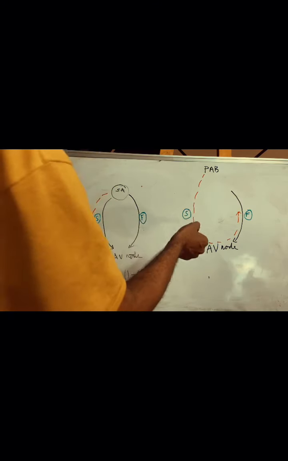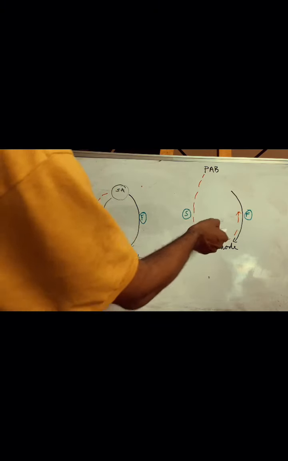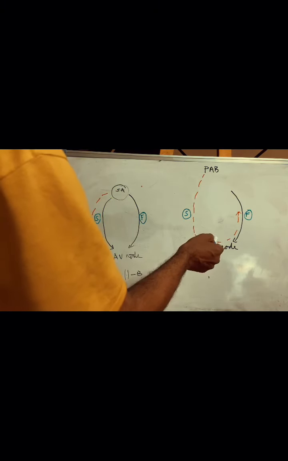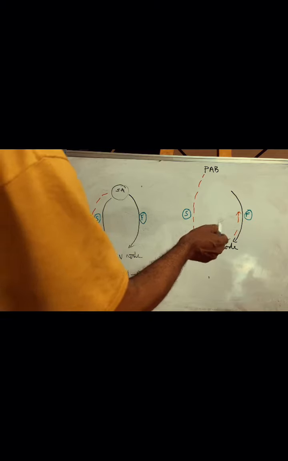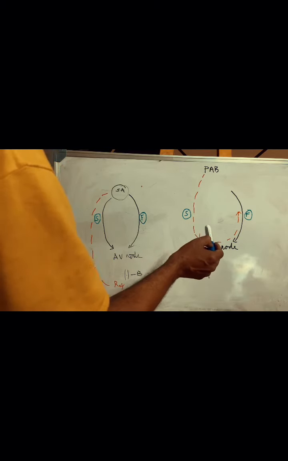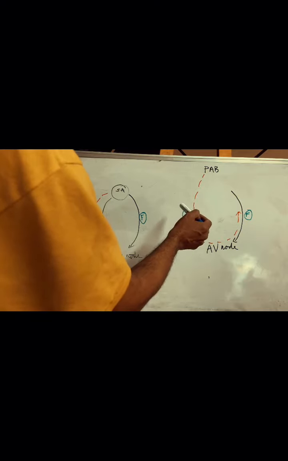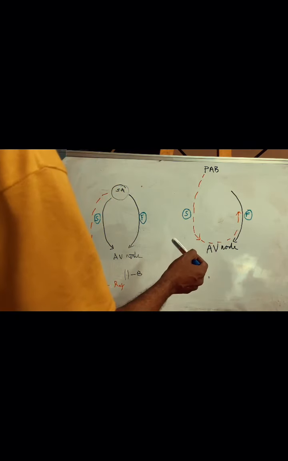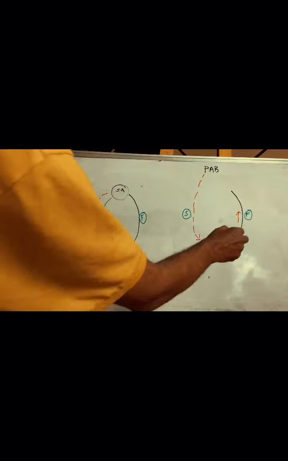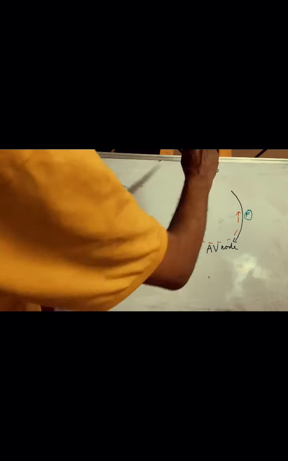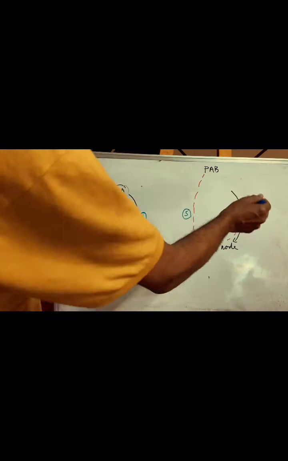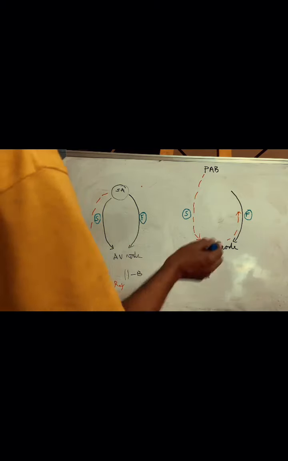This is the recycle or re-entry phenomenon that triggers the paroxysmal AV nodal reentrant tachycardia. This is the typical AVNRT, a slow-fast pathway. You also have fast-slow and slow-slow reentrant tachycardias.